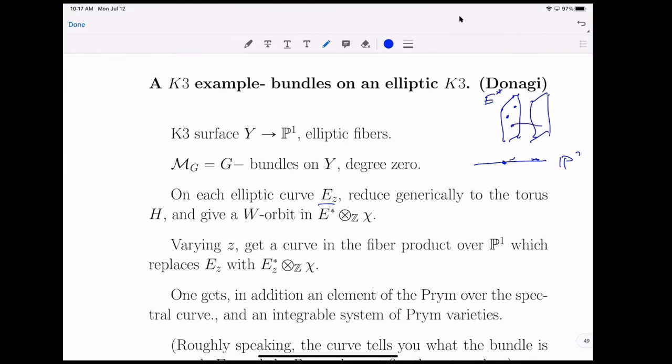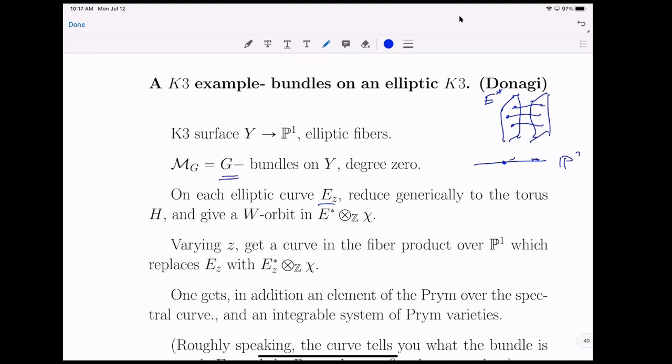Now, as you're varying your curve, you're going to get your elliptic curve. You're going to get a sort of spectral curve that's living above here. Now, the key thing, of course, is that it's a G bundle, and so there's a Weyl group way of doing this that's important.